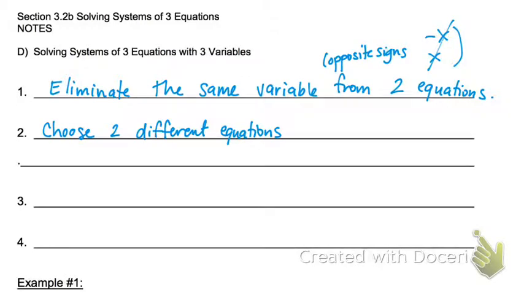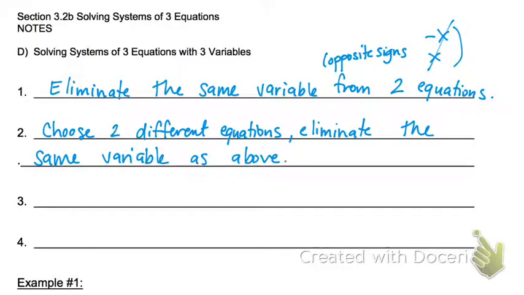You're going to choose 2 different equations and eliminate the same variable as above. So if you eliminated x's the first time, then you have to eliminate x's the second time.